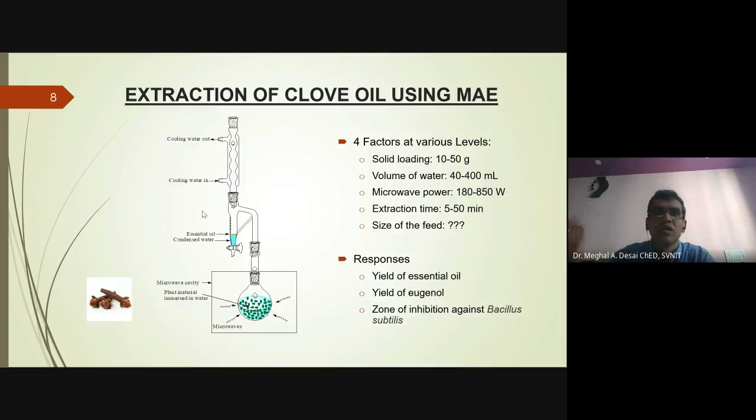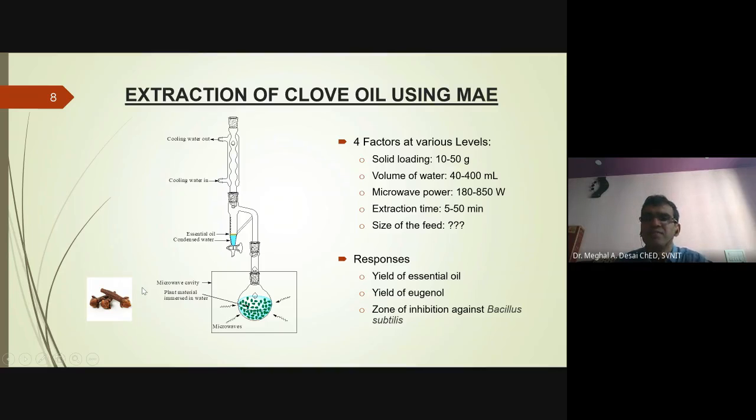Okay, so let me try the Taguchi method with a single response and see what happens. This is the example where microwave assisted extraction, this is the microwave unit, is used for extracting oil from cloves.